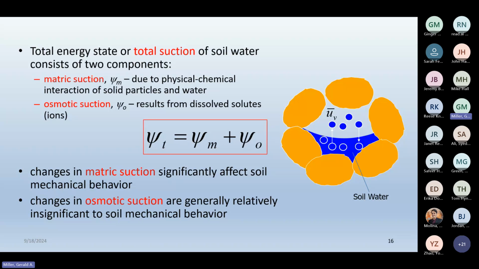And that's why the surface is curved, because that air pressure is pushing down on that interface and causing it to curve. And so it's important that we distinguish between these two when we're making measurements of total suction, if we're trying to model the mechanical behavior of the soil. So the osmotic, those salt ions, do affect that energy state and that pore water vapor pressure, but they don't have the same influence on the mechanical stress, okay?